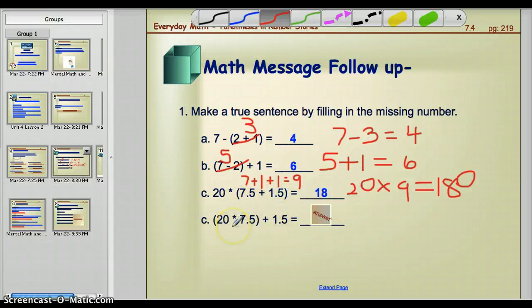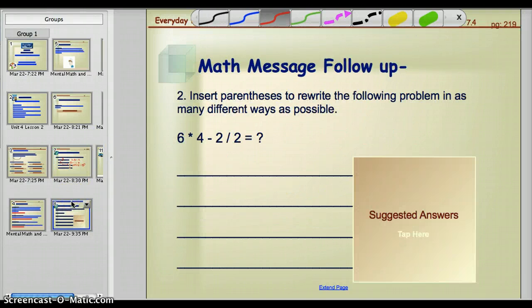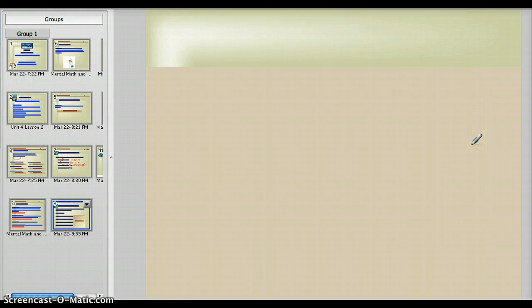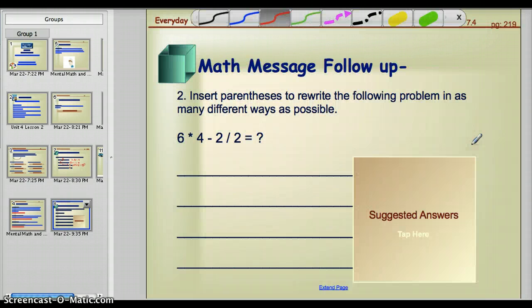Okay, then I would do the next thing again. Okay, now it gives another example. It says to insert the parentheses to rewrite the following problem in as many different ways as possible. So at this point, I would need to talk to them about how important parentheses are and what differences they can make in what you do.